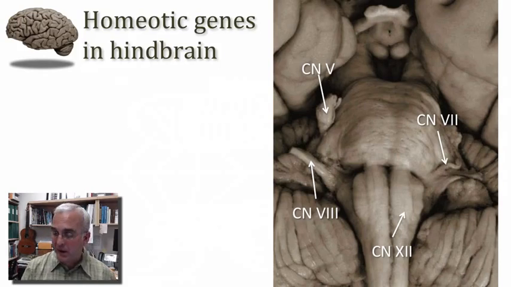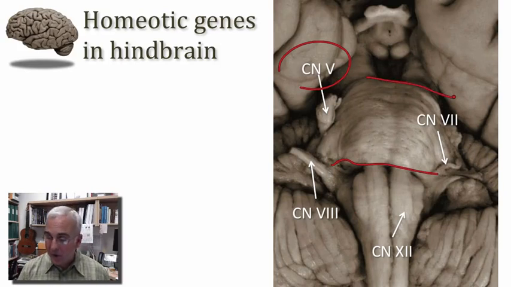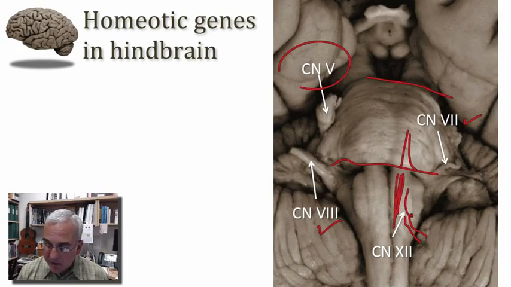So hopefully you recognize the relation of the trigeminal nerve to the pons, and at the junction of the pons and the medulla we have an abducens nerve, which is not present in this particular specimen, but we see very nicely here our cranial nerve 7, the facial nerve, and certainly a very beautiful vestibular cochlear nerve present, cranial nerve 8, and even just, you can see, I think here, just a few nerve roots of cranial nerve 12 between the medullary pyramids and the olive, which is present out here laterally.